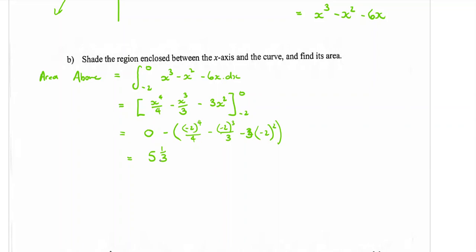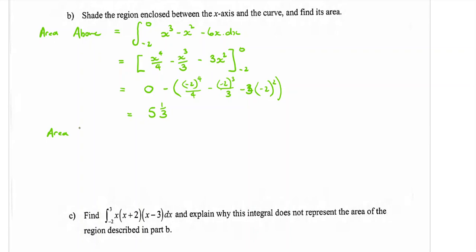Okay, now we want to do the area below the axes, which we're expecting this one to be the negative one. We are integrating the same thing again, which means we already know what the integral should be. But this time it's between 0 and 3, the negative part.